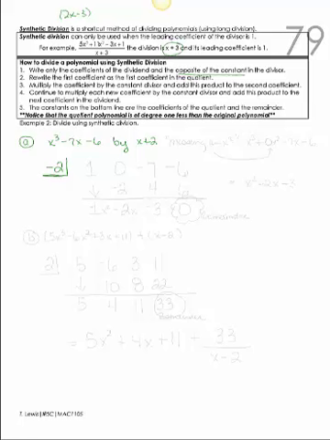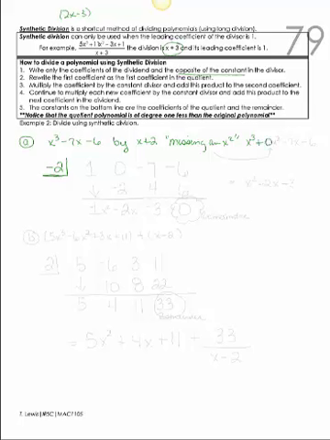Okay, now look at your dividend, x cubed minus 7x minus 6. What do you notice? It's missing an x squared. Therefore, whenever you have a missing term, the rule says include that missing term, but it will have a coefficient of what? 0.